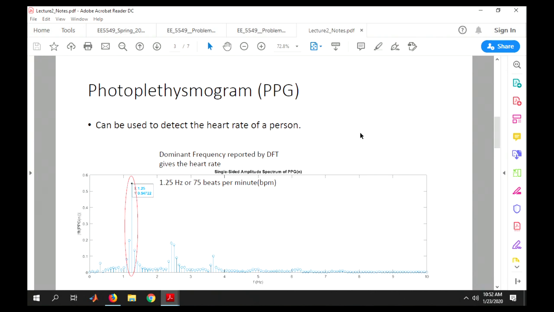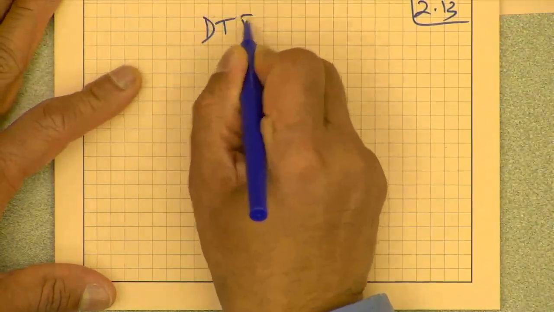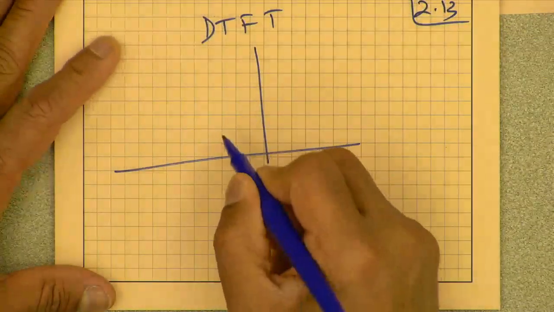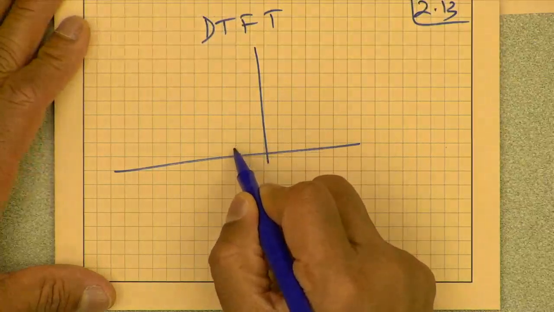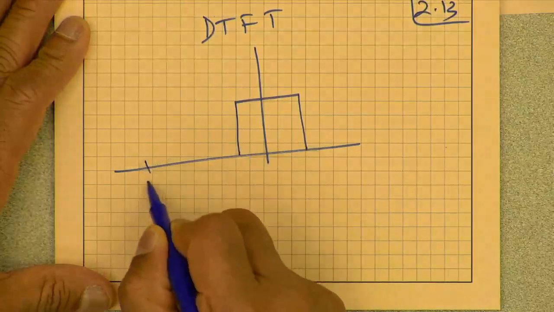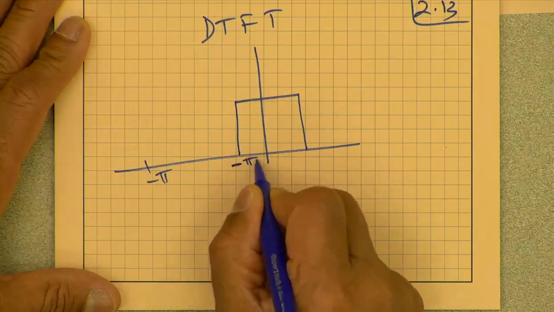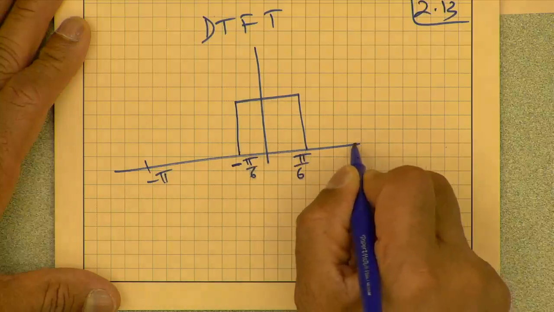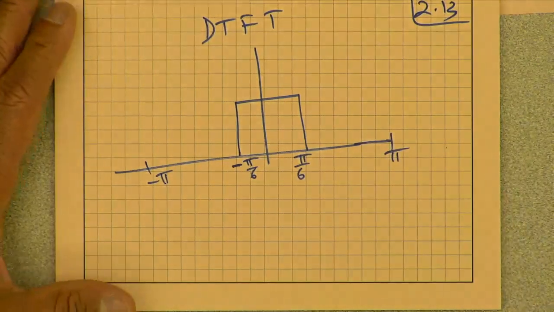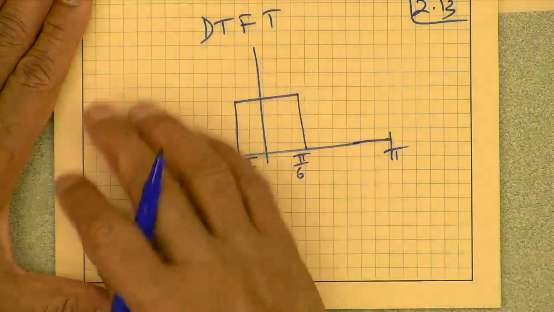Okay, so when we typically talk about the discrete time Fourier transform, we plot usually something like, let's say, just a low pass filter. This is minus pi, this is let's say minus pi by 6, and plus pi. This is one period. Okay, DFT has no notion of this negative side.